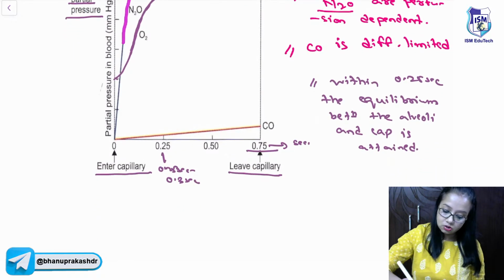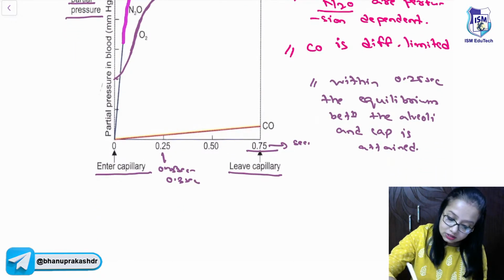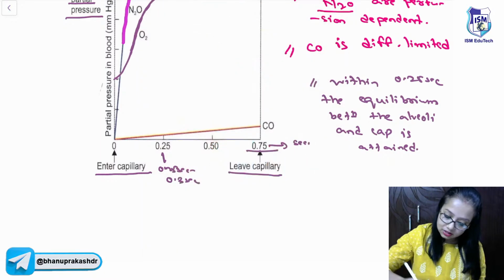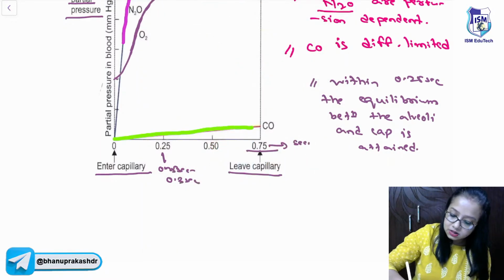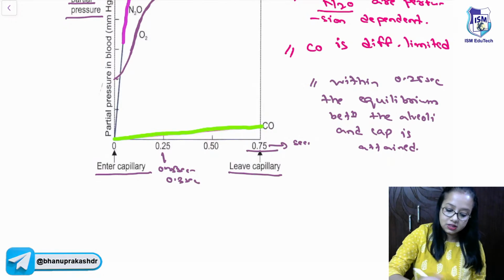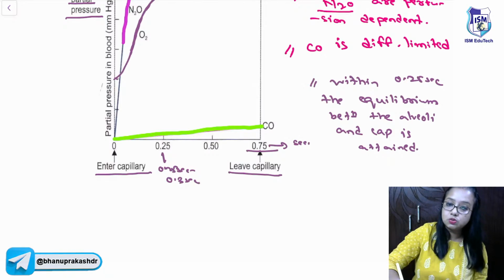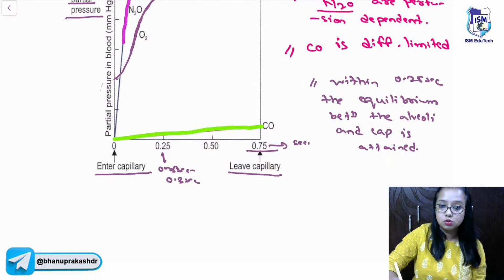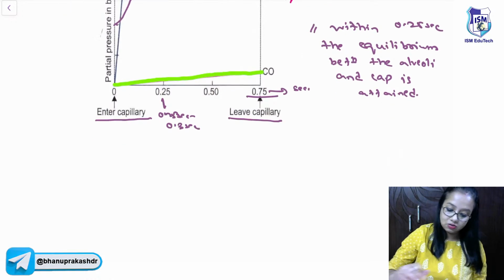But whereas if we look at the carbon monoxide, what we see is that it is not dependent on perfusion. It never attains equilibrium with the alveolar pressure. If the rate of diffusion is more, its concentration is more. Why is it so?